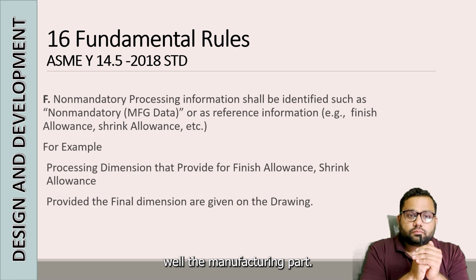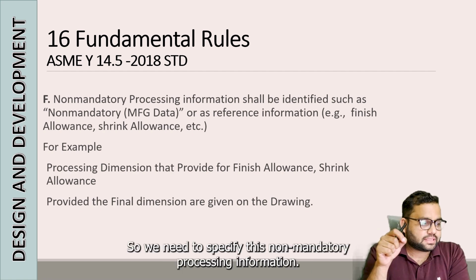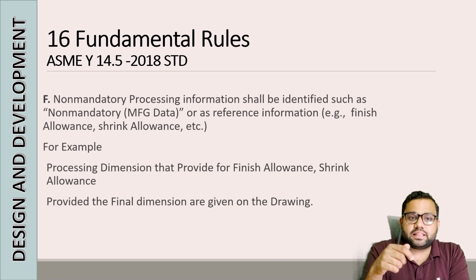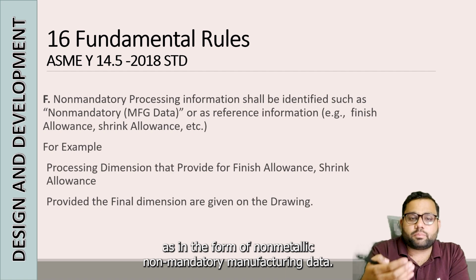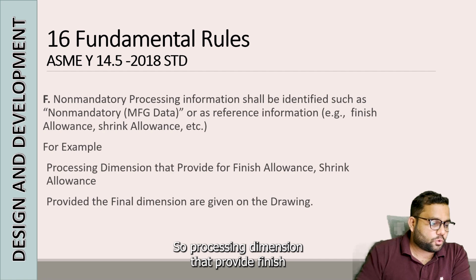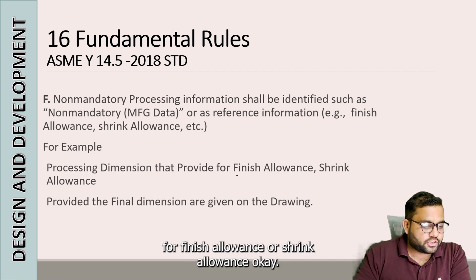So we need to specify this non-mandatory processing information, in the form of non-mandatory manufacturing data, such as processing dimensions that provide for finish allowance or shrink allowance.